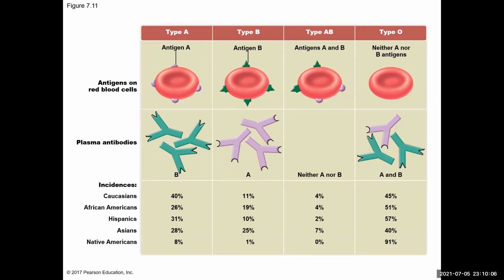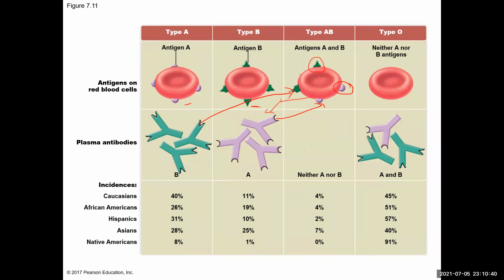Now, if you are type AB, you have both A and B antigens. So this means that a person with B blood type cannot have AB blood because this antibody will bind there. That person, if you're type A, you also can't get AB blood because this antibody will bind there.